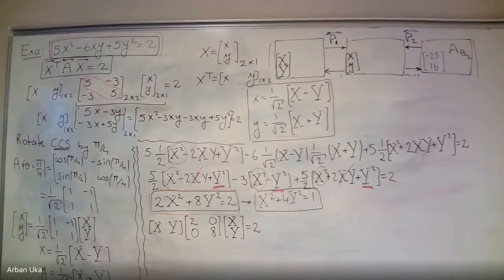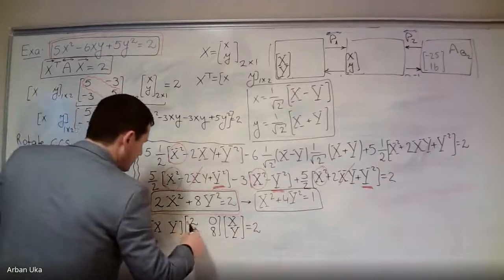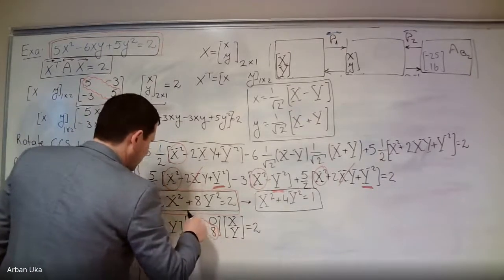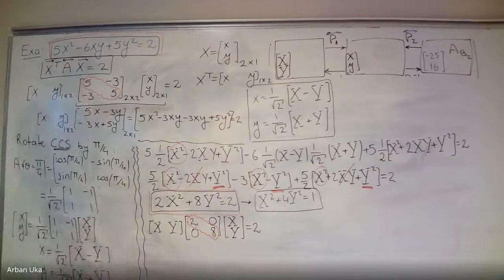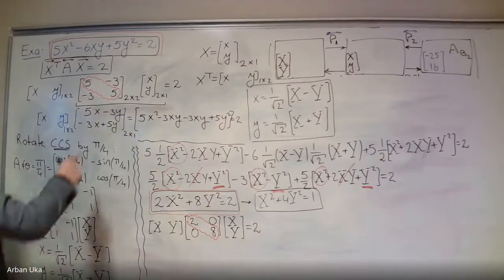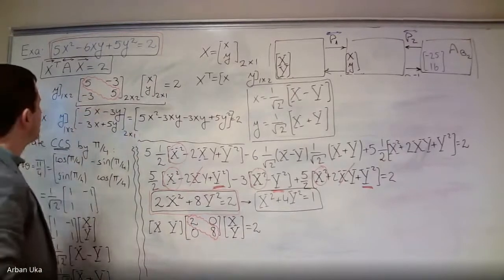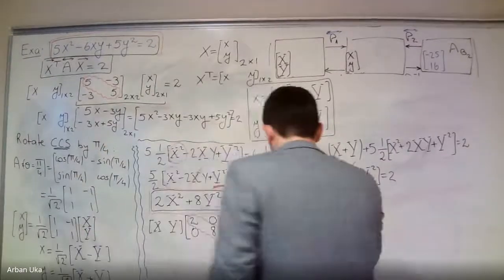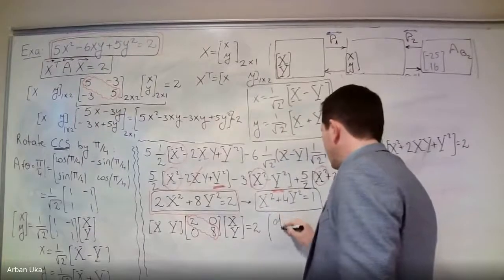So this is what we get, right? One thing that we notice is the following: this matrix, which does the multiplication of the x and x transpose, is now diagonalized. We see that the off-diagonal terms are 0. So let me write this one off.